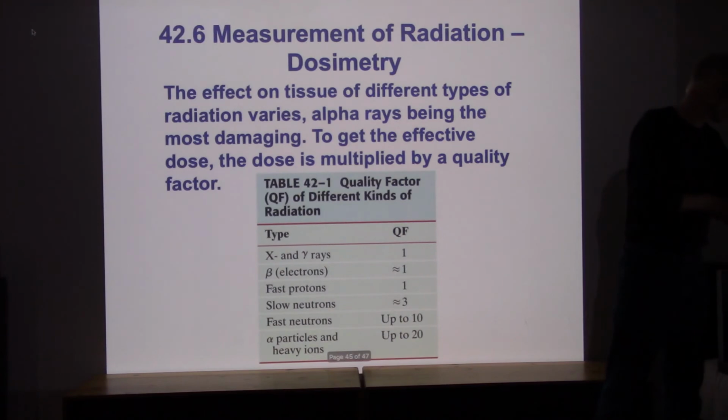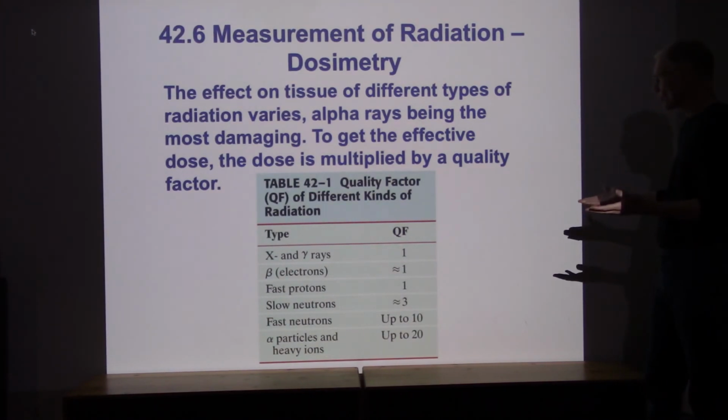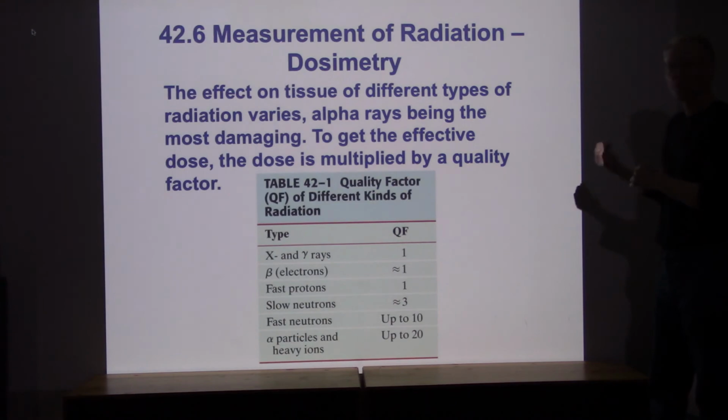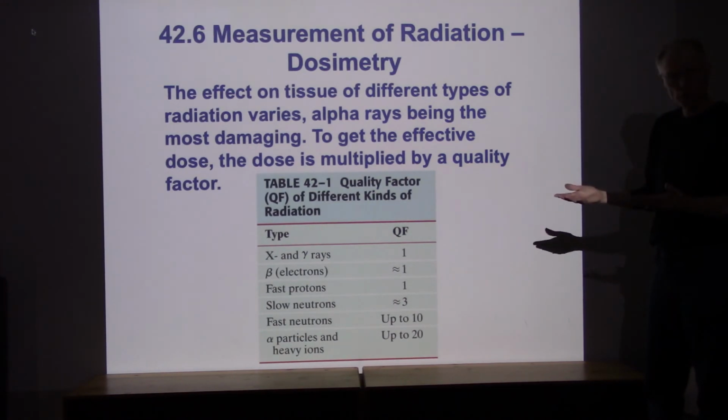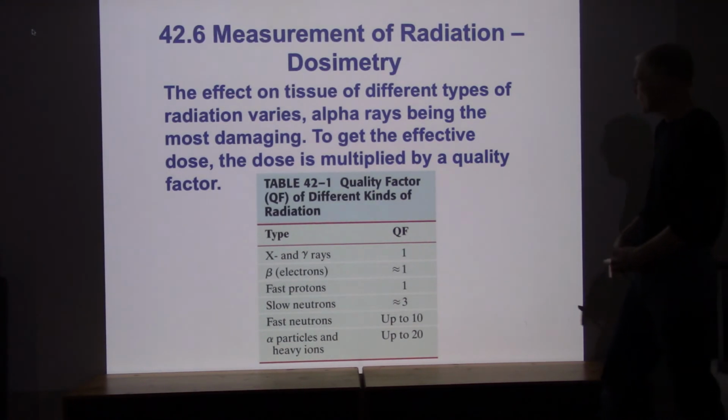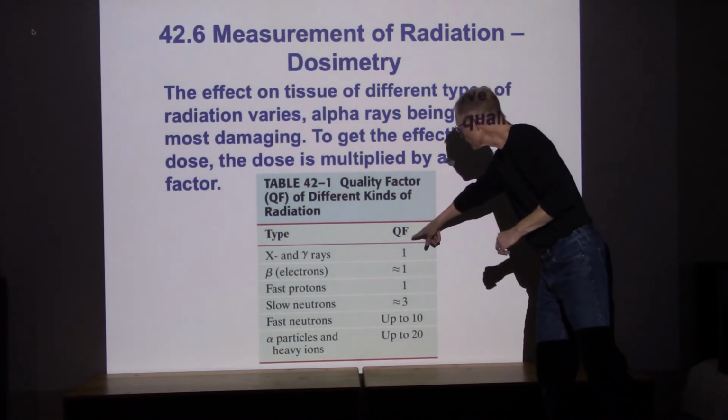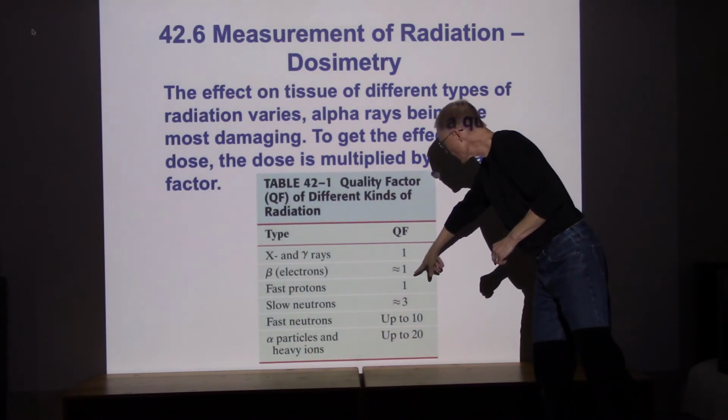Now, not all different sorts of radiation have similar biological effects. We've introduced this unit of gray to measure how much biological effect. And those numbers apply to X-rays and electrons.